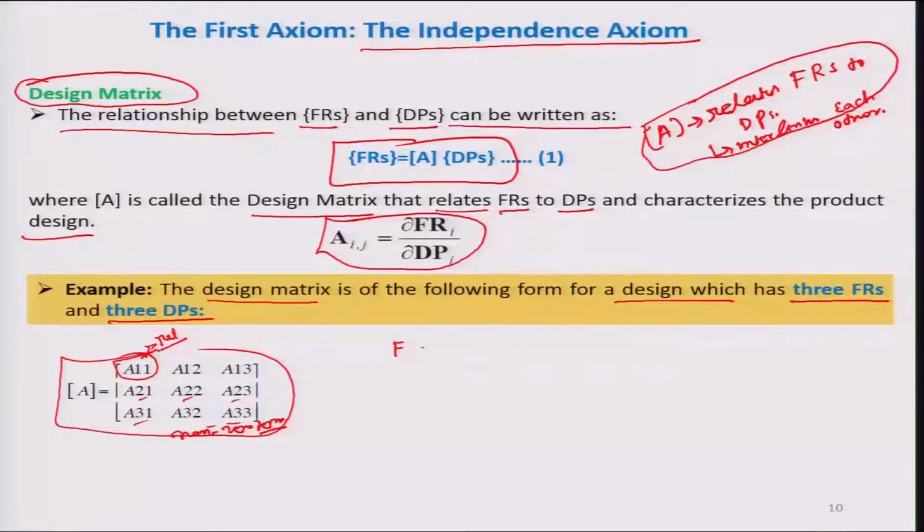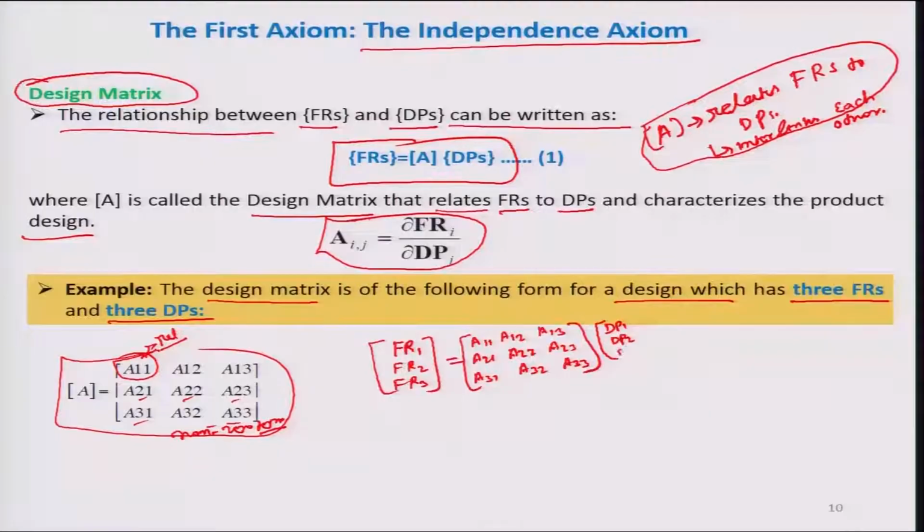Because you have 3 functional requirements FR1, FR2 and FR3, according to equation 1, we can write A11, A12, A13, A21, A22, A23, A31, A32, A33, and we also have 3 designing parameters, DP1, DP2, DP3.